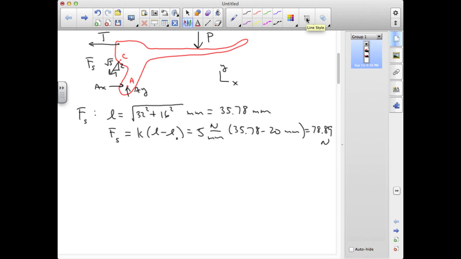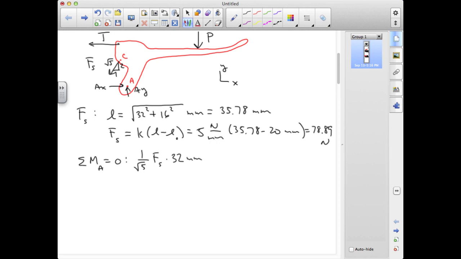So now we'll take the sum of the moments about A and set that equal to 0. And we can see from the location of C relative to A that both the horizontal and vertical components of the spring force will exert positive or counterclockwise moments about A. T will also exert a counterclockwise moment about A, and then P will be the sole clockwise or negative moment about A. For the horizontal component of the spring force, we have 1 over root 5 times the spring force, and that has a moment arm of 32 millimeters.